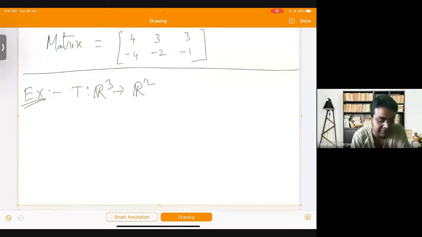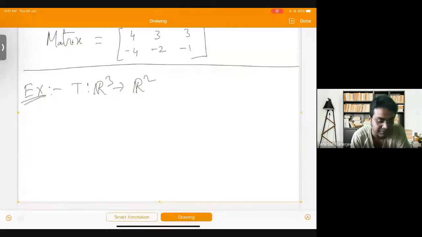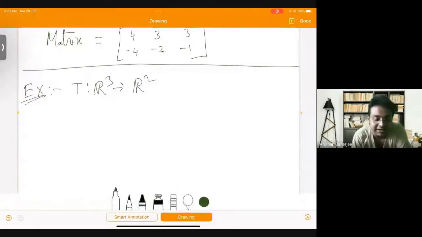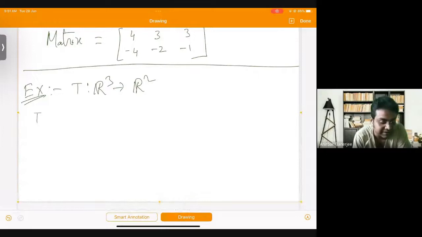that the linear transformation is from R3 to R2, and here a matrix or any formula is not given. What is given? If you take a vector in R3, they have given three examples of the transformation. Sorry, this transformation is from R3 to R3.